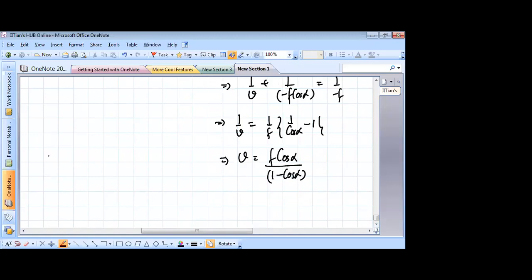So if alpha is a small angle, then sin alpha can be approximated as alpha and cos alpha can be approximated as 1 minus alpha square by 2.